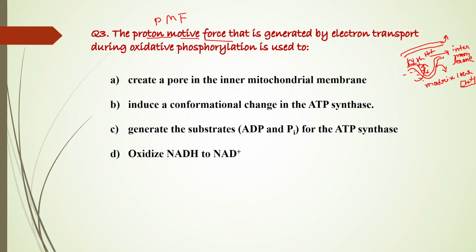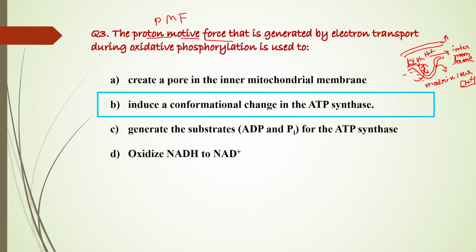So why do we need this in case of oxidative phosphorylation? That was our question. So what should be the correct answer? Ultimately, what does it result in? It does induce a conformational change in the ATP synthase. For the synthesis of ATP, the enzyme that is responsible in the last step is ATP synthase. But for it to attach to the substrate, you need a conformational change, because we have learned that in some cases, whenever the substrate molecule comes, you need a conformational change in the enzyme so that the substrate can fit and give you the desired product.